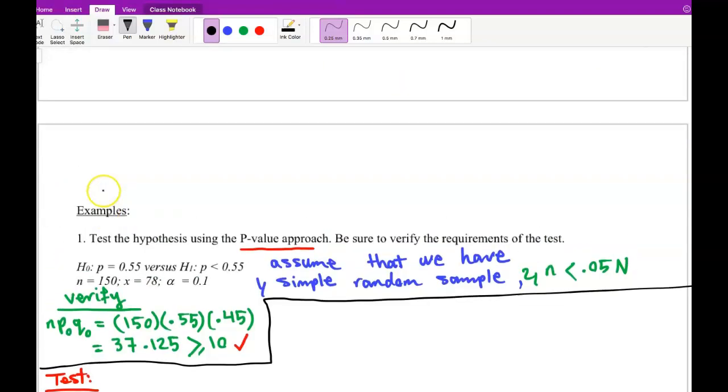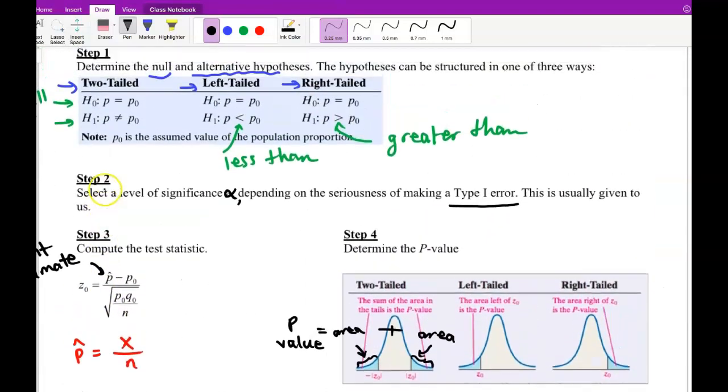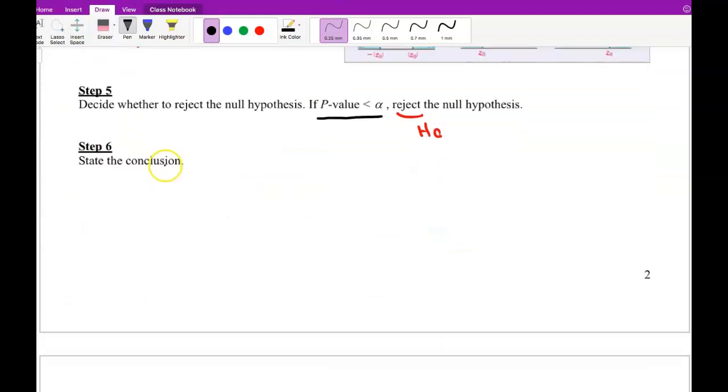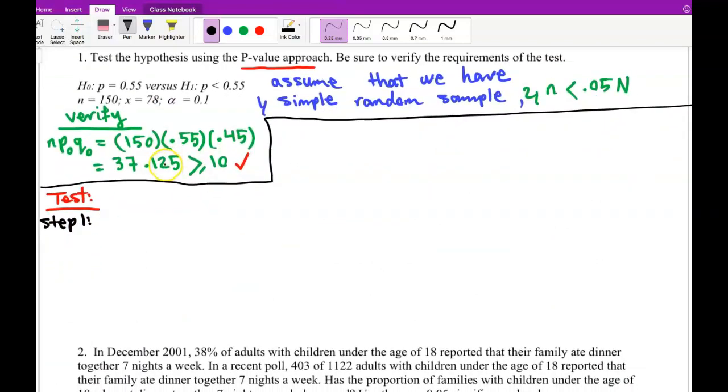Let's go back and see what step 1 was. I want to see which one I have. Do I have two-tailed, left-tailed, or right-tailed? Here, the null is always equal to, so p is equal to 0.55.